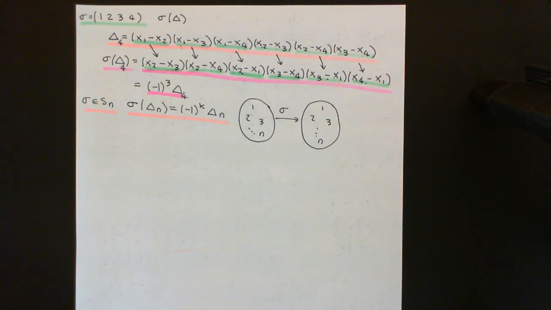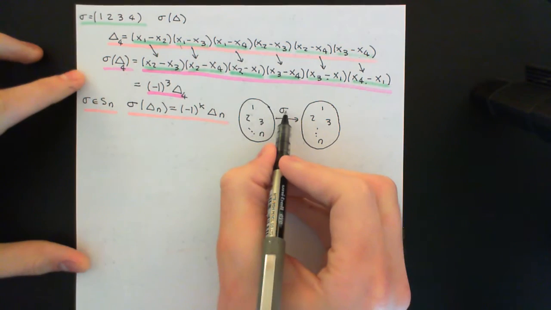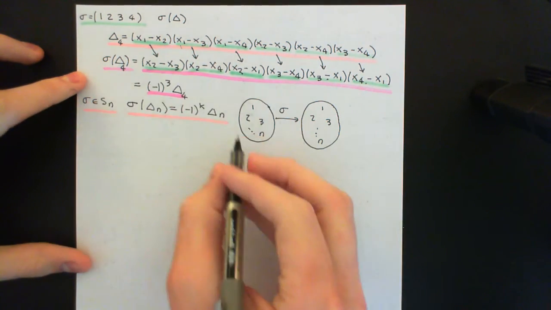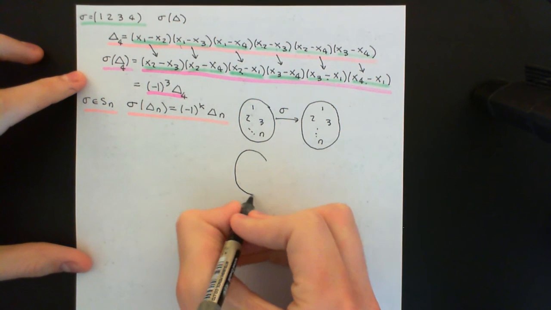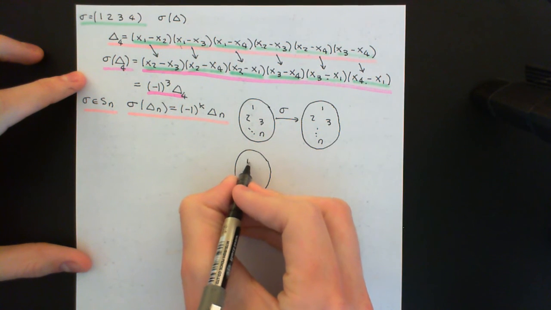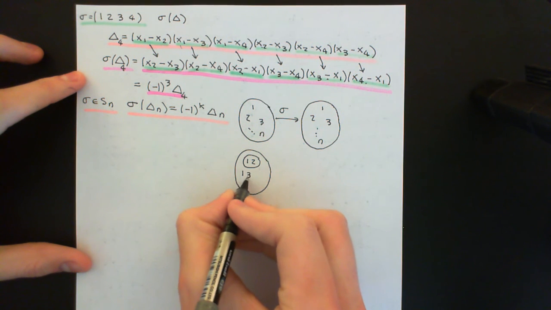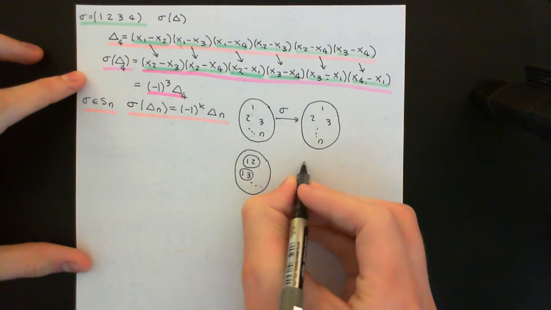So in fact the terms of the polynomials are representing all of the pairs that you can possibly come up with of elements from the set 1, 2, 3 all the way down to n. And I claim that if we create a very natural map from sigma, which is going to be a map from these pairs, so if I now consider this set of pairs, so we'll have the pair 1 and 2, which I'll just put in a bubble here, we'll have the pair 1 and 3, etc., all of the pairs here.